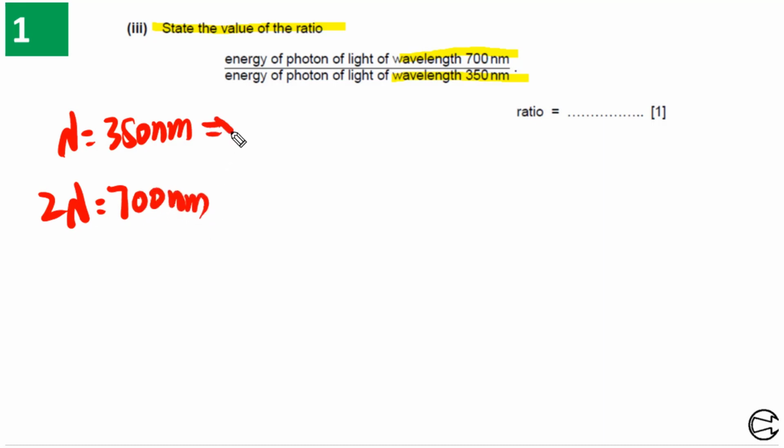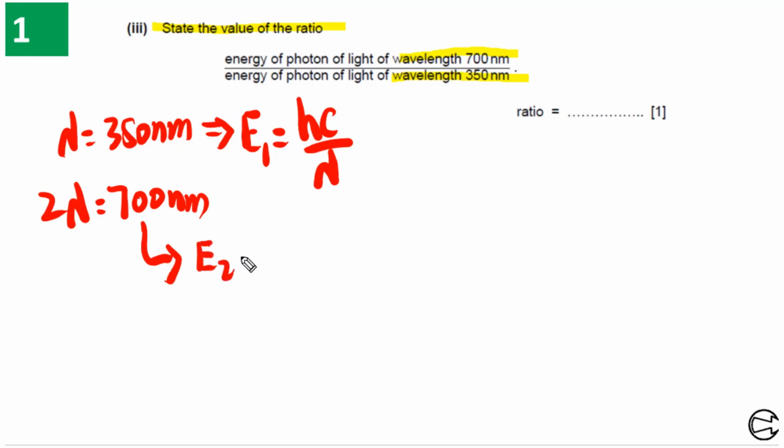If we need to calculate the energy of this photon with the given wavelength, that is E1, and that is simply equal to hc over lambda. We can also calculate the energy of this other photon, E2, which equals hc over 2 times lambda.